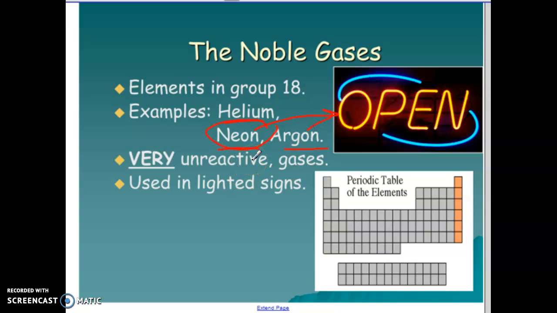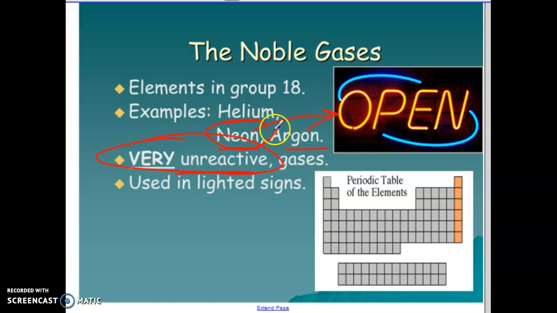Now, these elements are the most unreactive gases in the periodic table. They do not react with pretty much anything. That means that they are always found in their natural state because they do not like to react. Just so you know, these elements are very easily transformed into plasma.